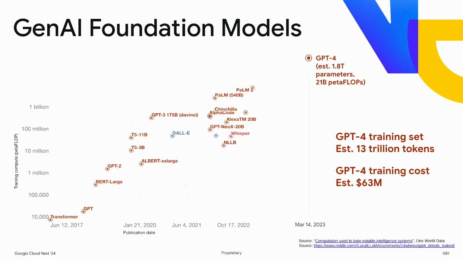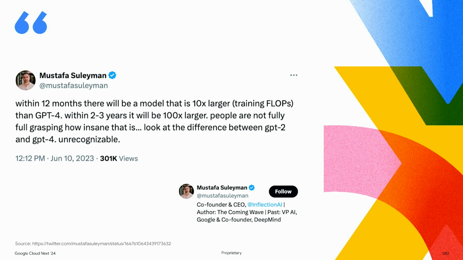The challenges are there. We know it's only going to get worse. People who should know these things expect huge growth in the size of these models. And the reason for that is because we've seen that as models grow, they're able to do a whole class of different things that just 5 years ago we would have thought were 50 years away.